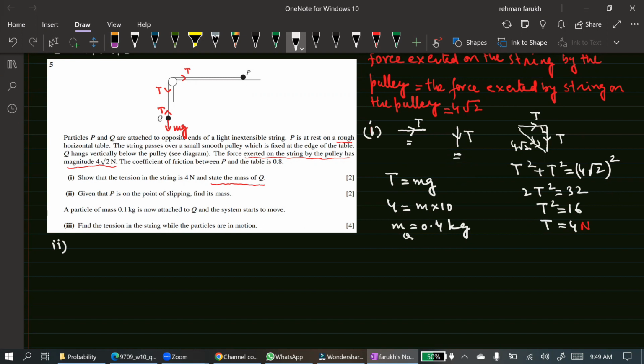Now we want to find the mass of particle P. We will draw the forces on particle P. Tension is towards the left side. The table is rough, so friction will act towards the right side, and the weight acts downwards.